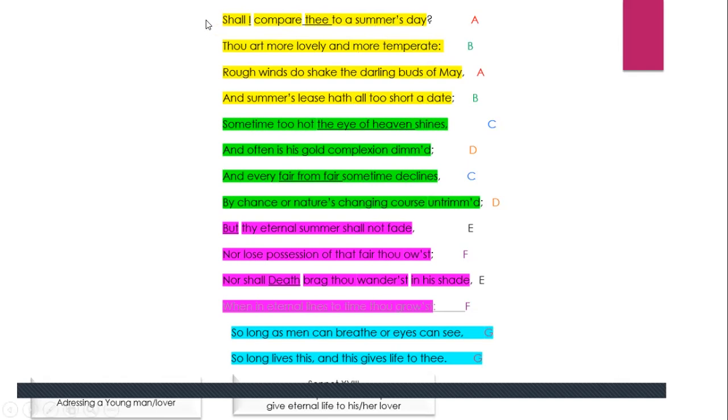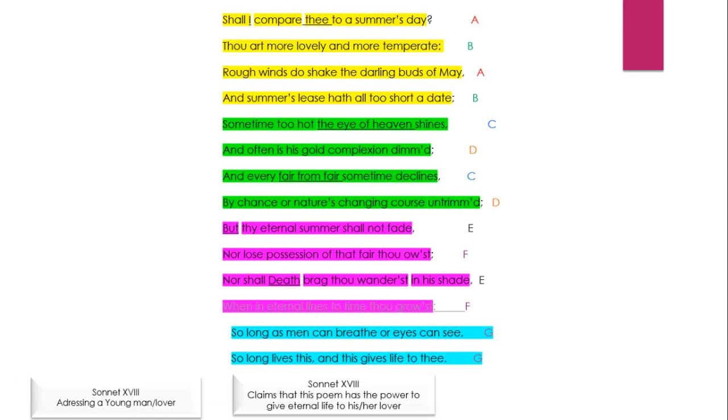Okay, here we go. Shall I compare thee to a summer's day? Thou art more lovely and more temperate. Rough winds do shake the darling buds of May, and summer's lease hath all too short a date. Sometime too hot the eye of heaven shines, and often is his gold complexion dimmed, and every fair from fair sometime declines, by chance or nature's changing course untrimmed.